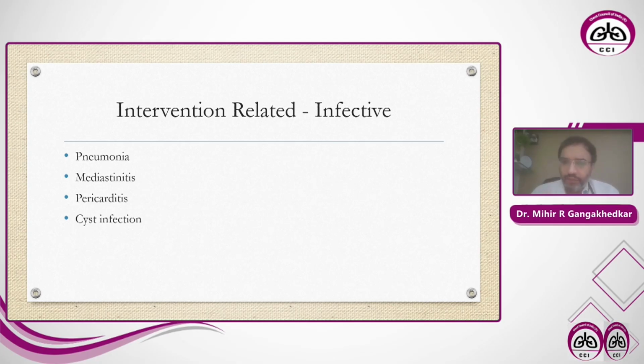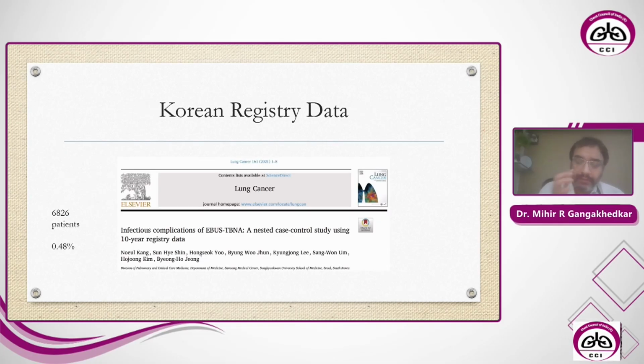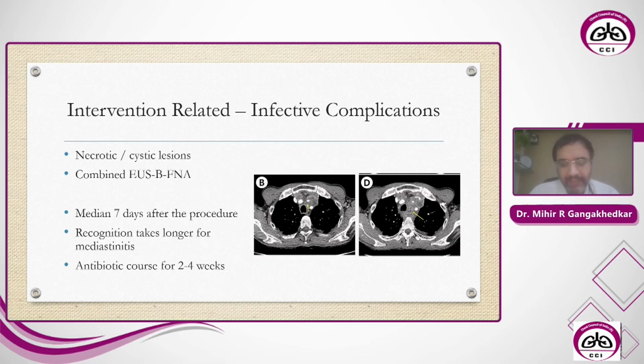When we are looking at intervention related complications and the infective ones, you have pneumonias, mediastinitis, pericarditis. If you've tried to sample a mediastinal cyst, even as an expert, then there's still a possibility of an infection. They looked at this in a large 10-year registry from South Korea. And again, these complication risks were less than 0.5% in a large 6,800 plus sample size.